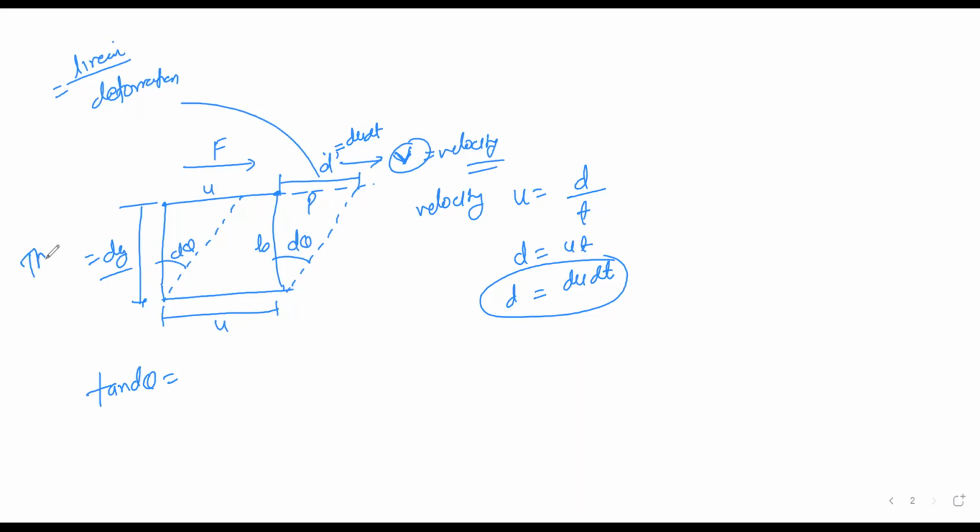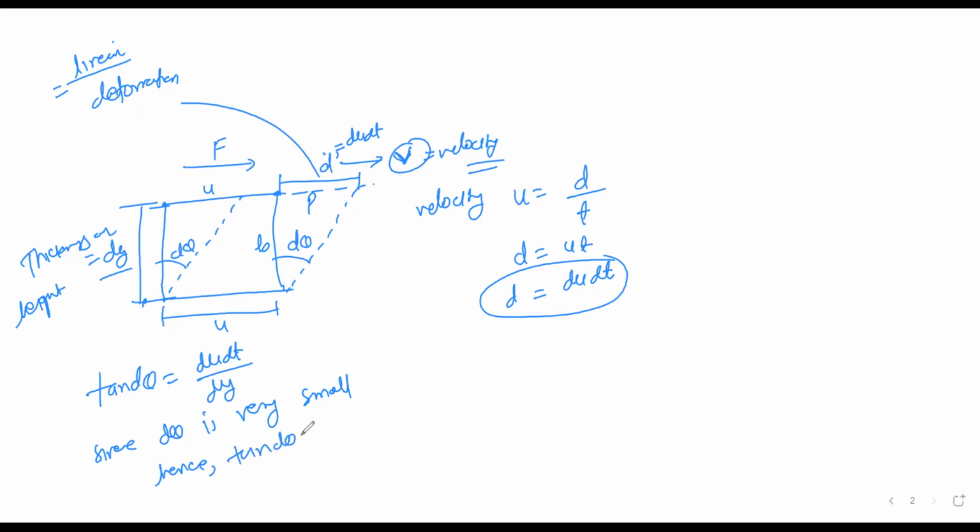So tan d theta is equal to du into dt divided by dy. Since d theta is very small, tan d theta is assumed as d theta.